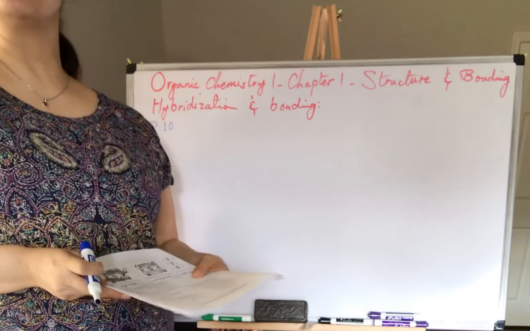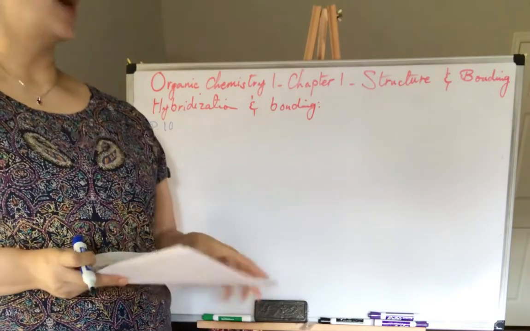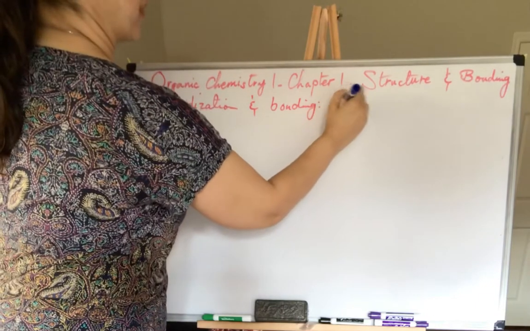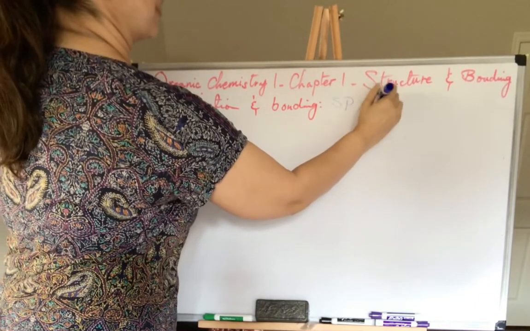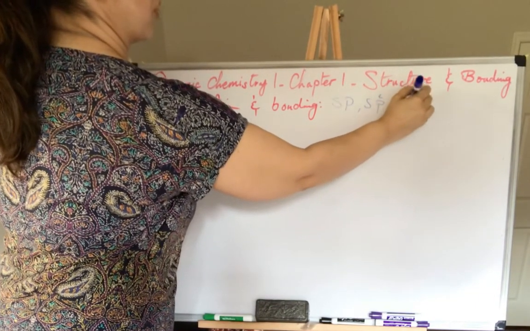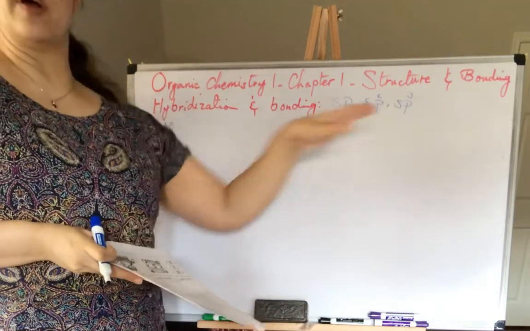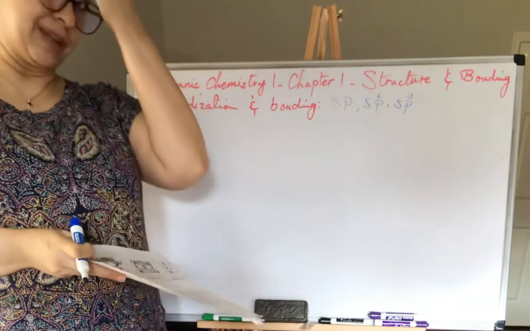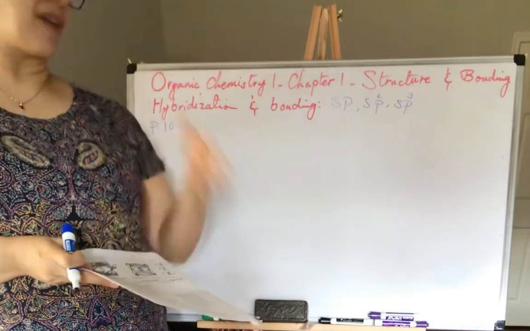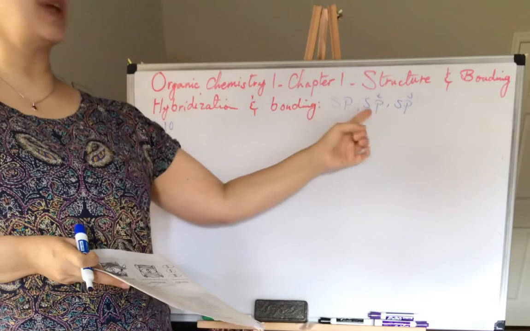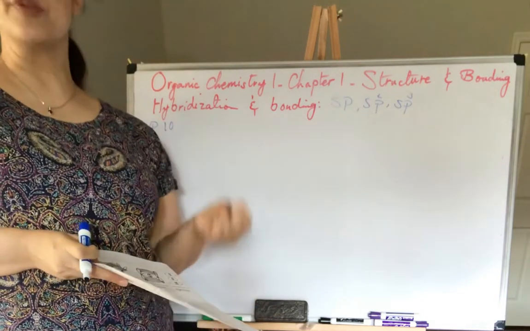for the organic compounds. First of all, hybridization: remember you had sp, sp2, sp3, and for inorganic compounds, you had other orbitals like d orbitals involved. But the good news is that for organic compounds, you just need sp, sp2, and sp3 orbitals.